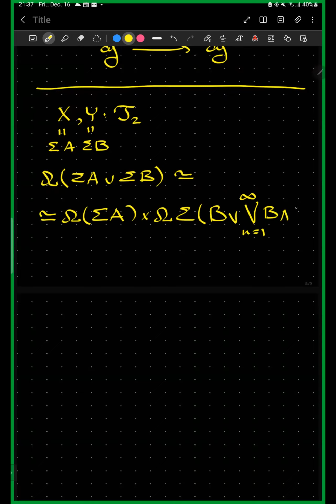Here we take a smash of B and the n-fold smash of A. So that's a purely homotopical decomposition which holds over the integers.